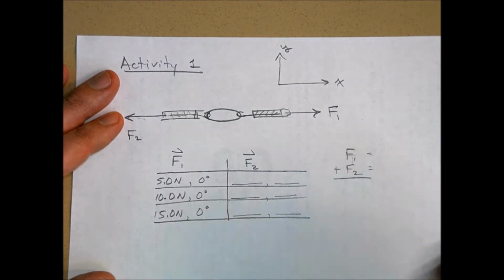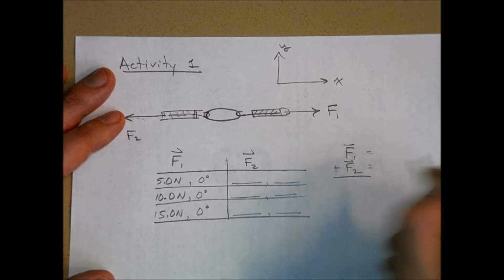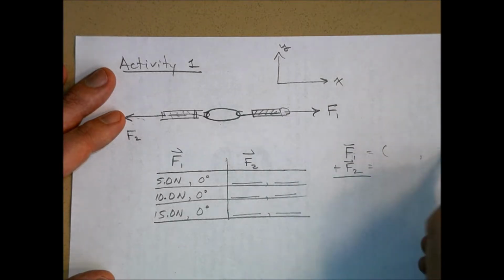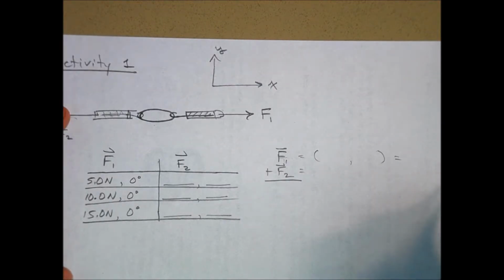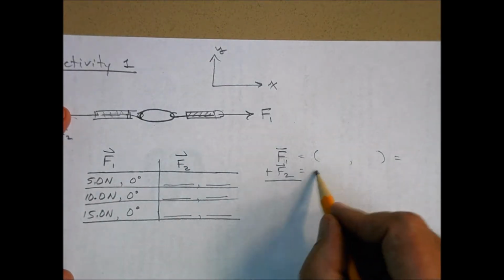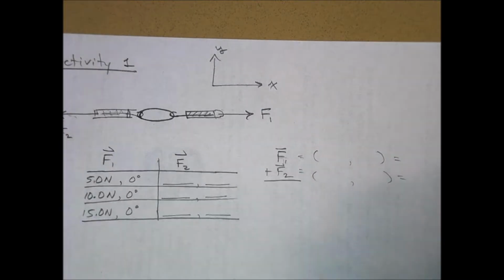Now what do you have to do to add vectors together? Okay, you have to change them into rectangular coordinates. So I want you to put these into rectangular coordinates before you add them together. And it's really easy to do that on this one.